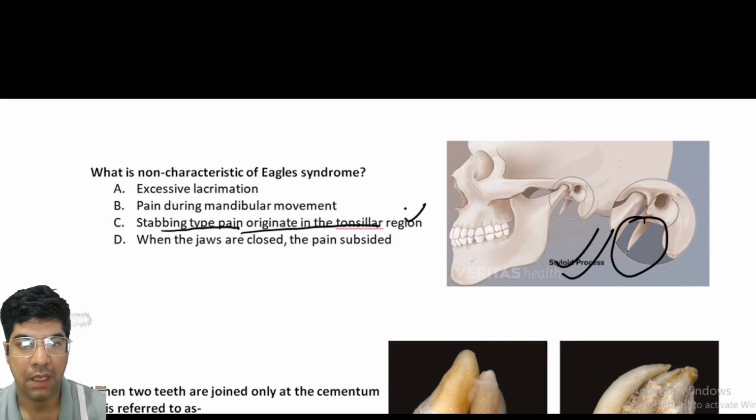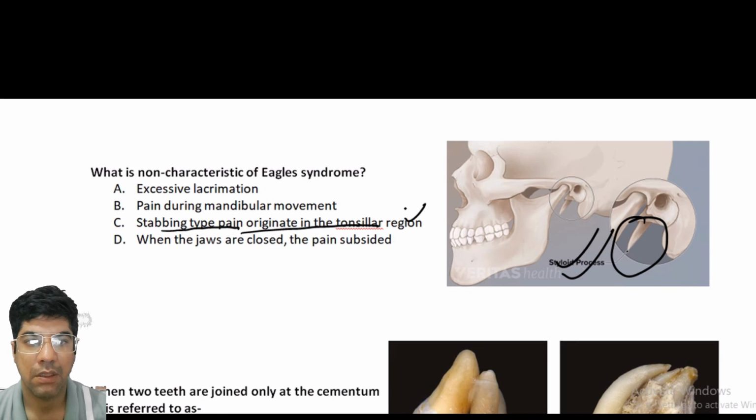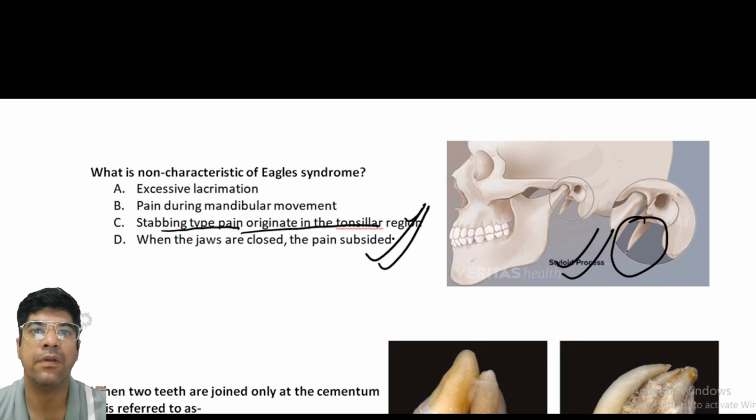So elongation of the styloid process or calcification of the stylohyoid ligament in the throat can lead to this syndrome. The pain is typically relieved when the jaw is open and not when it is closed. So option D is the known characteristic of Eagle syndrome.